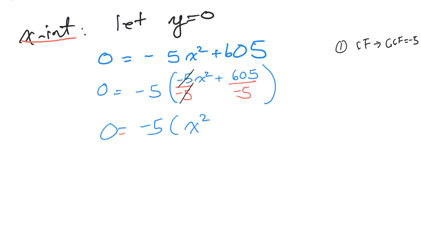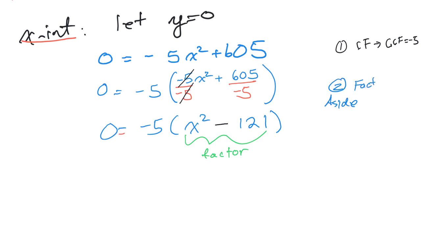But then the negative 5 and the positive that's here make this number a negative. So we end up with 121. So 605 divided by 5 is 121. So now we have to factor this. Now, as an aside, you do some math. So this is our 2. We have to factor the brackets.